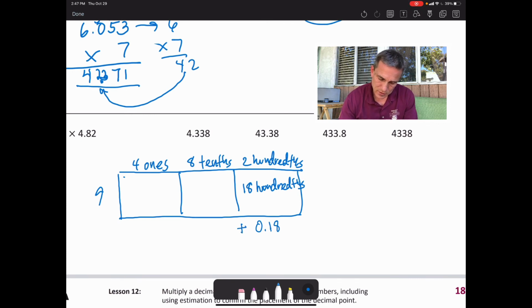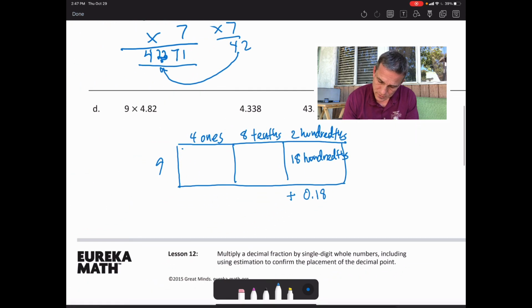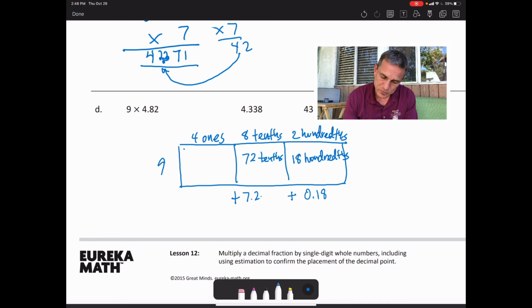And then I'm going to do 9 times 8 tenths, which is 72 tenths. 72 tenths is 72 with the 2 in the tenths place, so that would be 7 and 2 tenths. 9 times 4 ones is 36 ones.